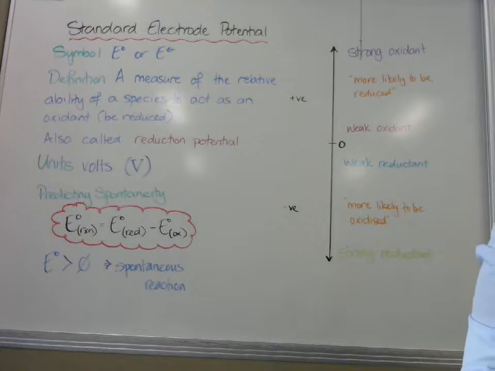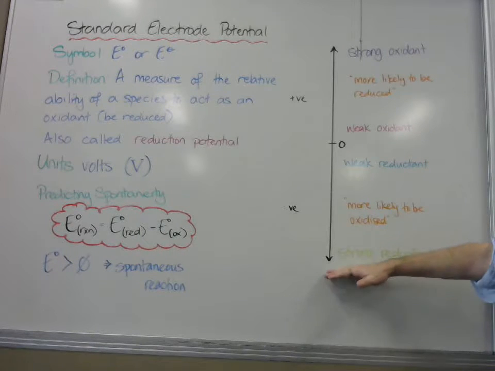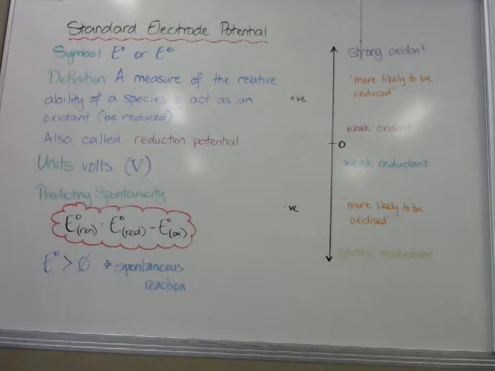This is actually not to do with reactivity per se, this is actually to do with their ability to be oxidized. Sodium has a very, very negative electrode potential. It's very difficult to reduce sodium ions back into sodium. Whenever you react sodium with just about anything, the sodium metal will turn into sodium ions, so the reverse reaction will occur. It will be oxidized, so it will be a very strong reductant.